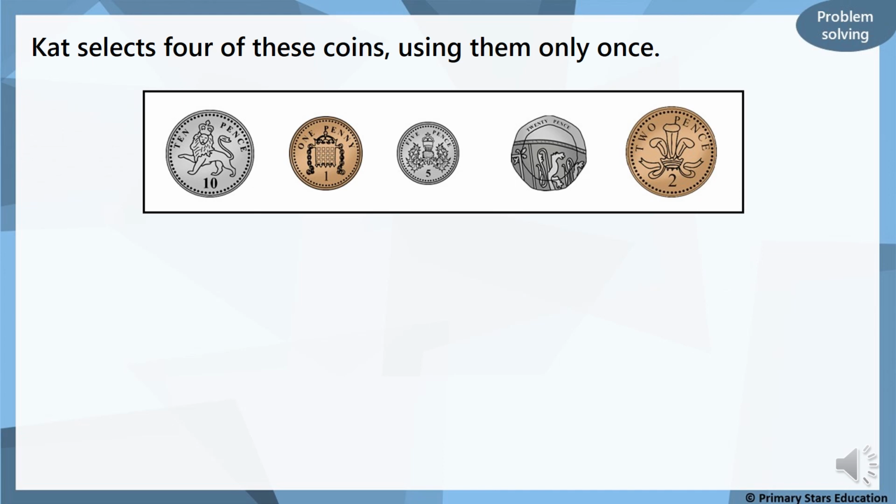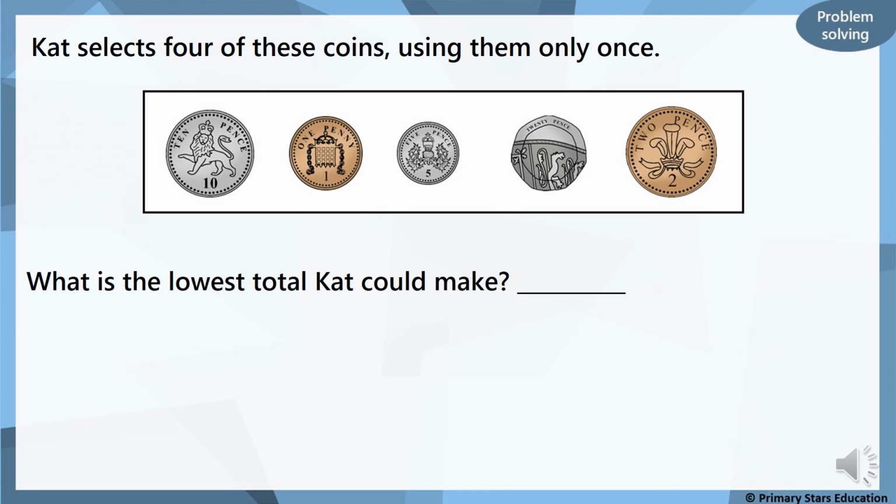So Kat selects 4 of these coins, using them only once. What is the lowest total Kat could make? So there are 5 coins here, and she's only allowed to choose 4 of them, and we're looking for the lowest amount. So we want the value of the lowest coins. So let's have a look.